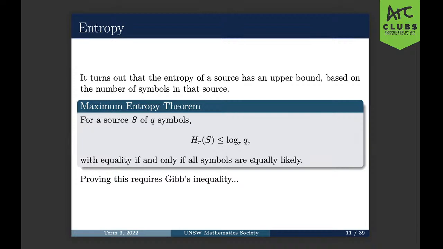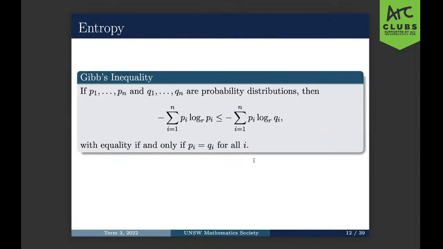So if you want to prove this, you need an inequality called the Gibbs inequality, and here it is. If you have P1 to Pn and Q1 to Qn as probability distributions, as in think about these as the probabilities of symbols in two different sources, each with n symbols, then you get this inequality here. The left side is really just the radix r Shannon entropy for the source with symbol probabilities P1 to Pn.